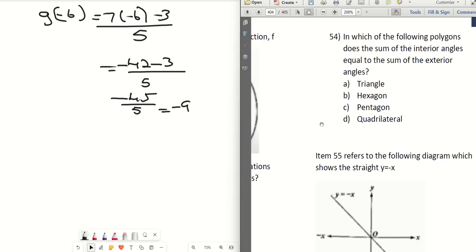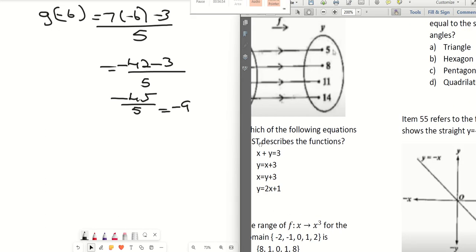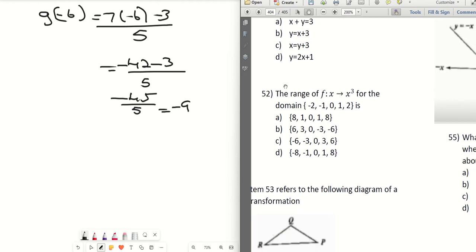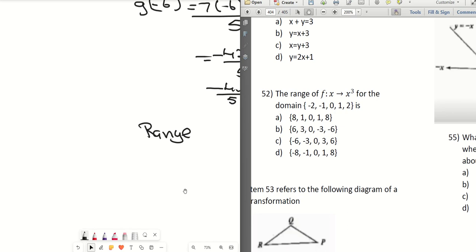Right, let's look at 52. The range of f of x is x cubed for this domain. So that is basically telling you, if you know anything, there's domain and there's range.